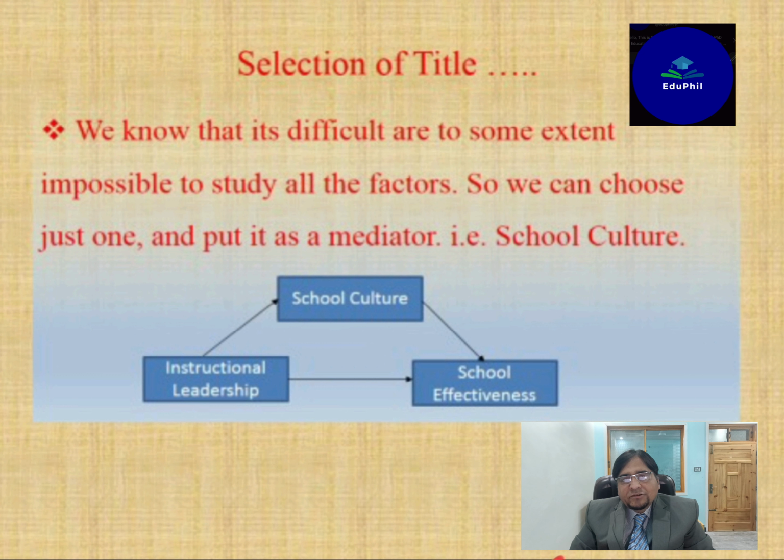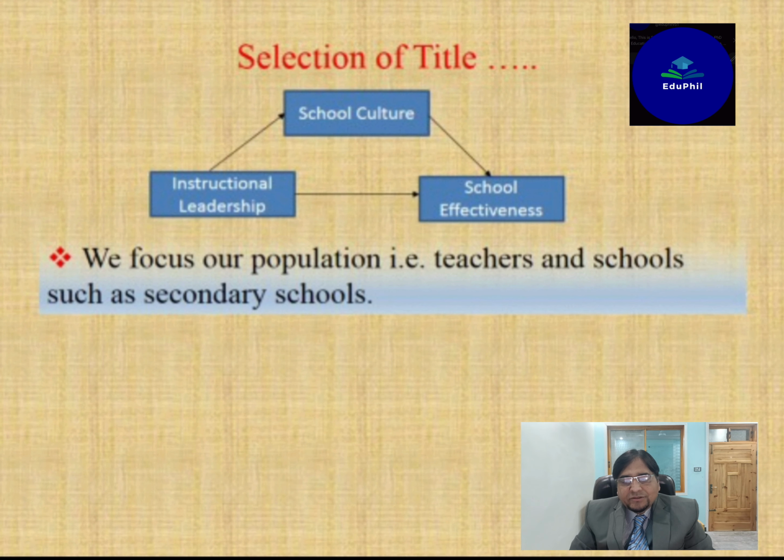So I have selected the school culture. So the conceptual framework will be changed to this triangle shape, as you can see in the slide: instructional leadership, school culture and school effectiveness, having direct and indirect relationships shown by arrows.